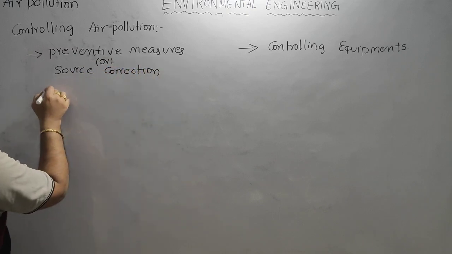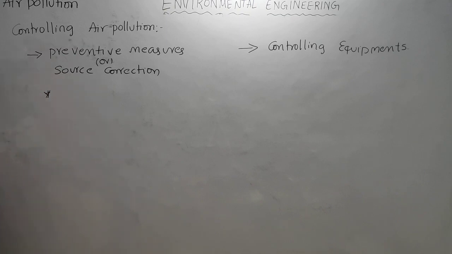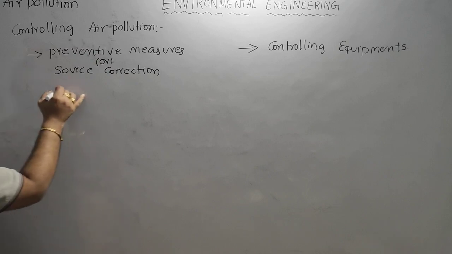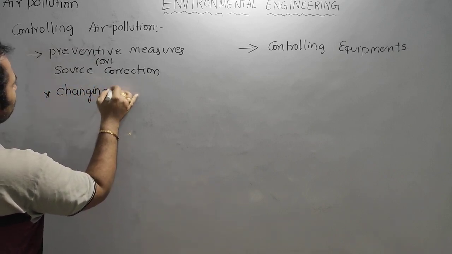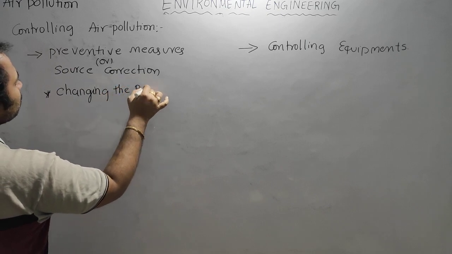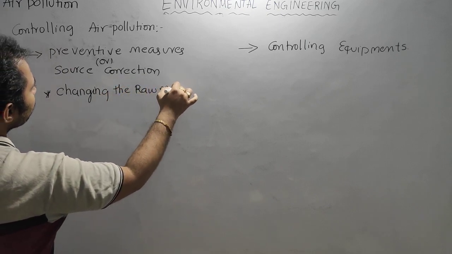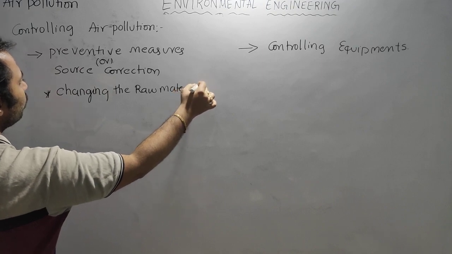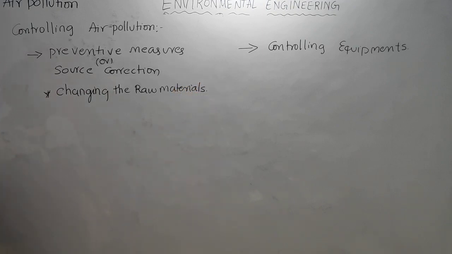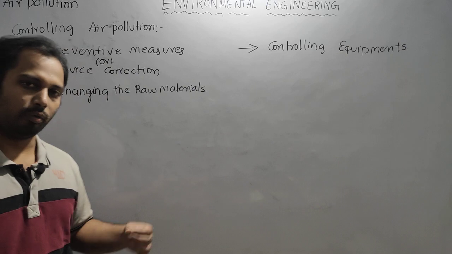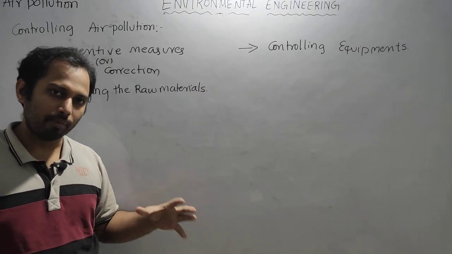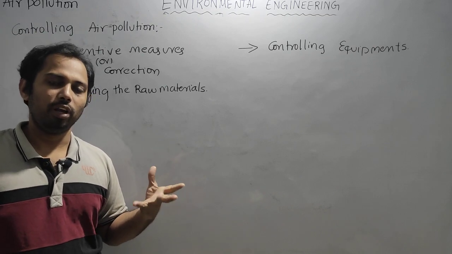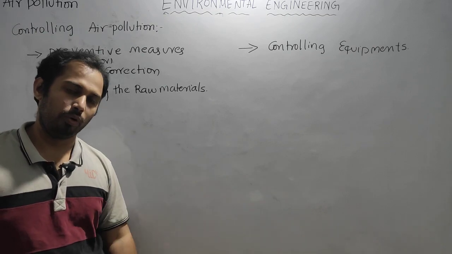So one point is changing the raw materials which we use. If you know or don't know, 1 kg of cement manufacturing will evolve 1 kg of CO2 into the environment.